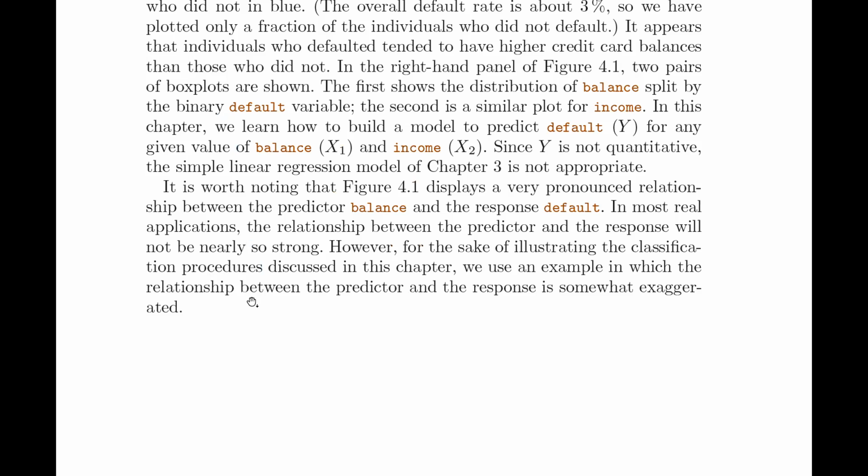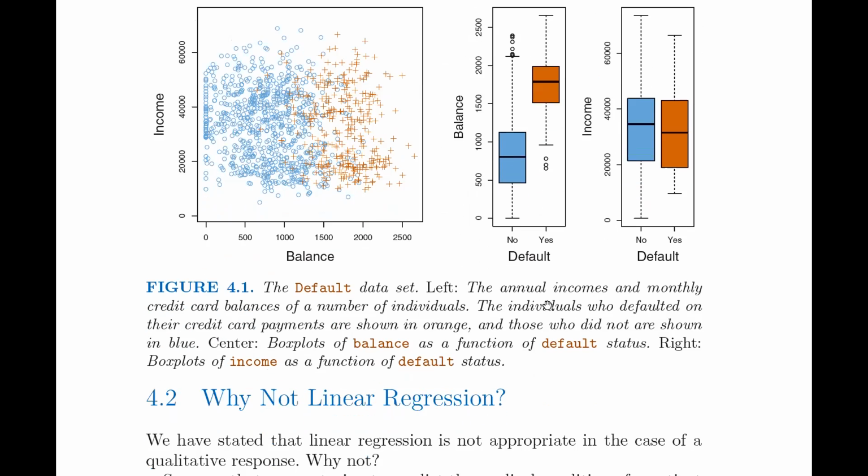In most real applications, the relationship between the predictor and the response will not be nearly so strong. However, for the sake of illustrating the classification procedures discussed in this chapter, we use an example in which the relationship between the predictor and the response is somewhat exaggerated. So this is very clear cut, right?